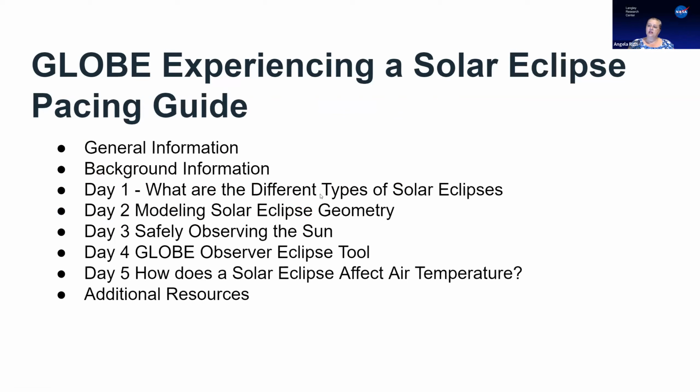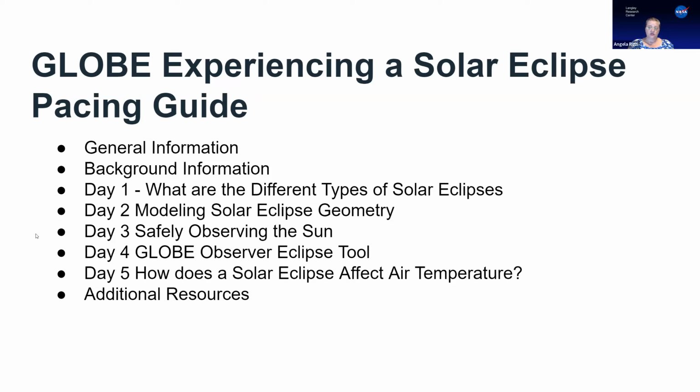So day 1 is, what are the different types of solar eclipses? That's a My NASA Data activity. Day 2 is modeling solar eclipse geometry, the one we just looked at with the quarters. Day 3 is safely observing the sun, which takes them through pinhole projectors as well as eclipse glasses.